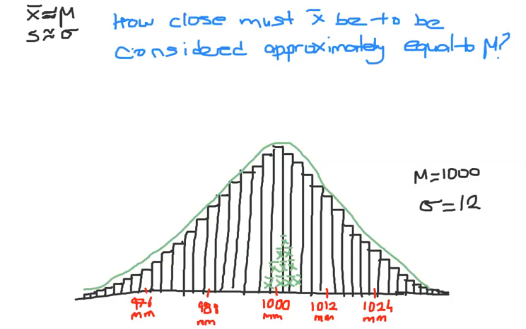Each sample contains 36 pieces of material cut from the machine. As I showed over here, I picked thousands of samples of 36 pieces. For each sample of 36 pieces, we calculated the average.